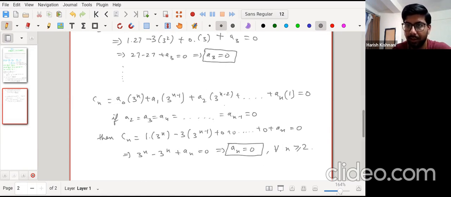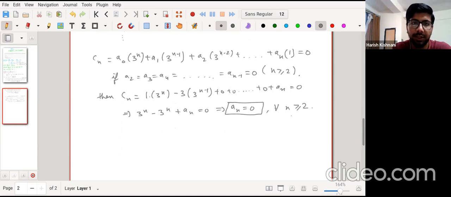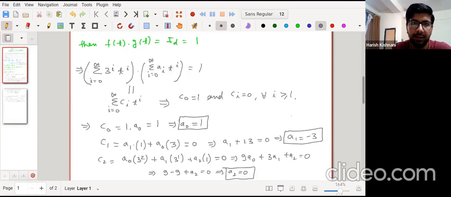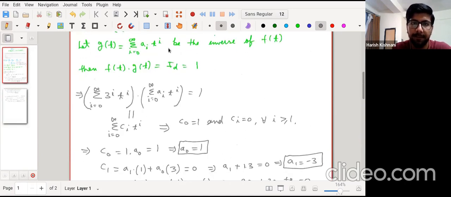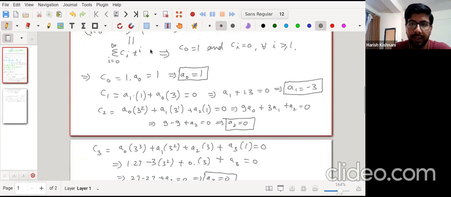Here also I am assuming n to be greater than or equal to 2. So what you get? Your function gt is this. After 2 you are getting 0, a naught is 1 and a1 is minus 3.